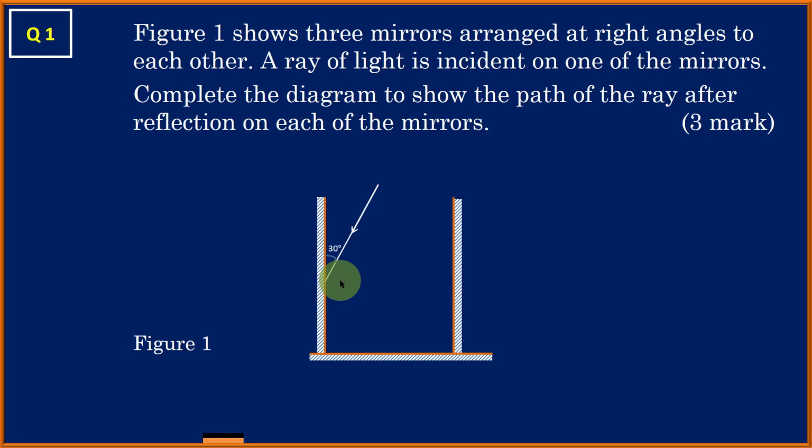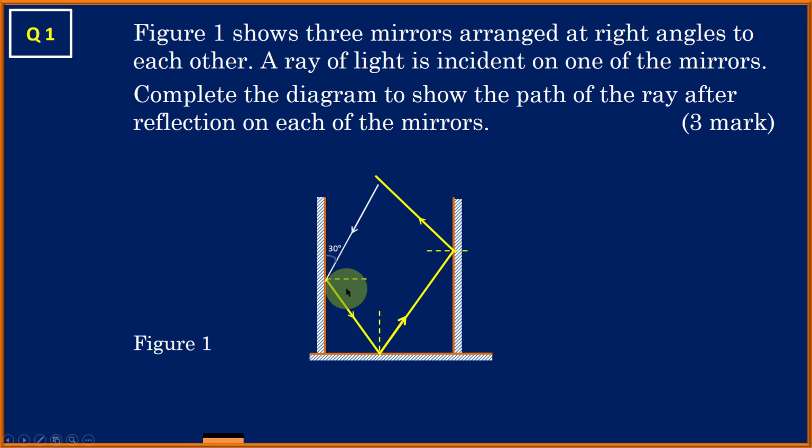Then we use the first law of reflection, which states that the angle of incidence is equal to the angle of reflection. So that ray will be reflected like that. That reflected ray will be the incident ray as far as this other point is concerned. Let me go to the next slide because I've already done it. So this is 60 degrees, this is 60 degrees.